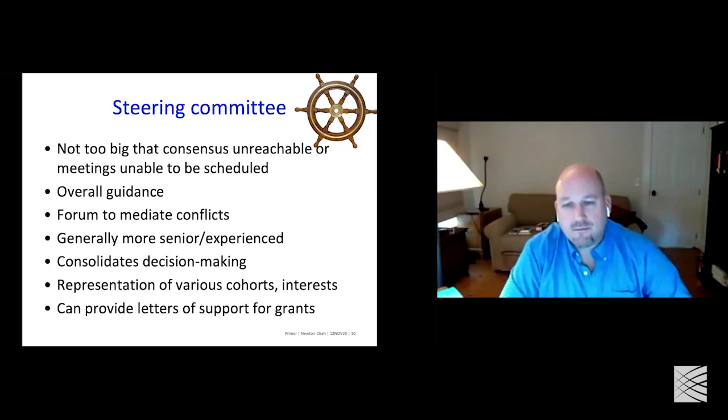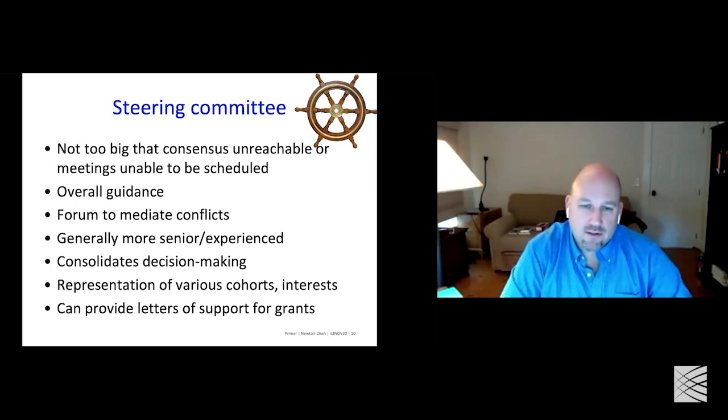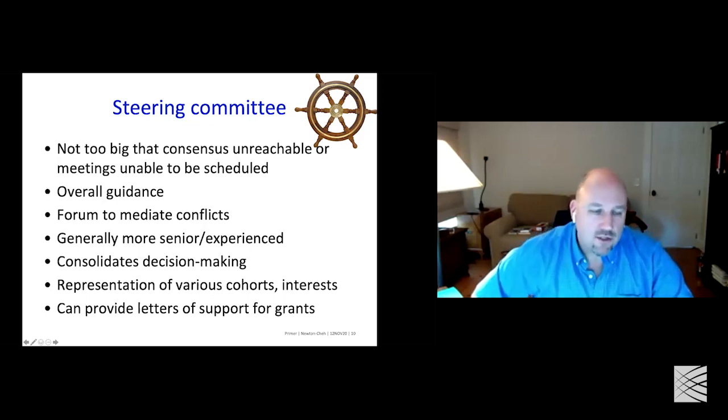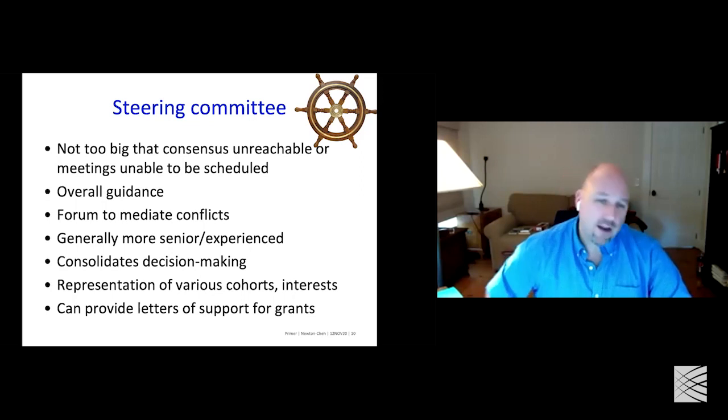And you really need to span the spectrum of expertises in your steering committee to provide effective steerage of a project. And the steering committee usually has chairs, co-chairs, and these folks can provide, for example, letters of support for grants or training grants or other things to represent the project.